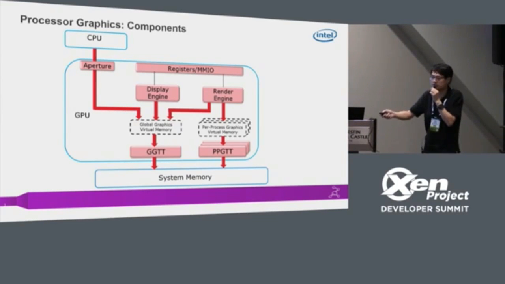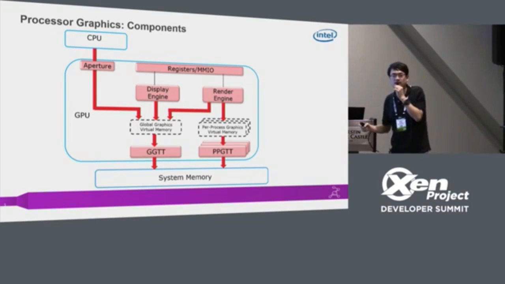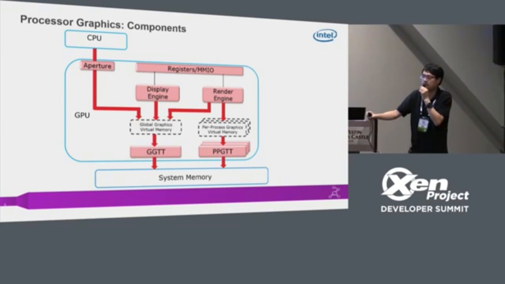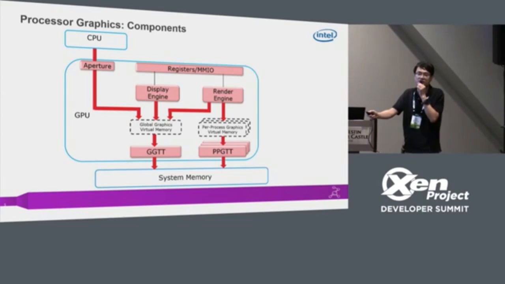The next component is the display engine. This one is very straightforward. It gets the frame buffers through the GGTT and provides you the screens. And one more component is access from the CPU side.